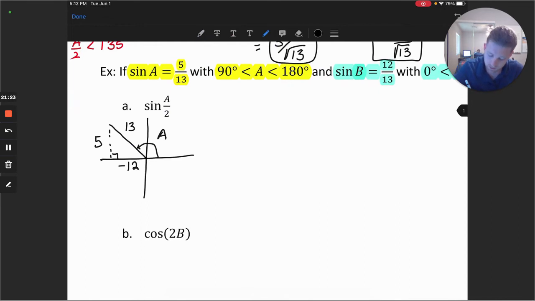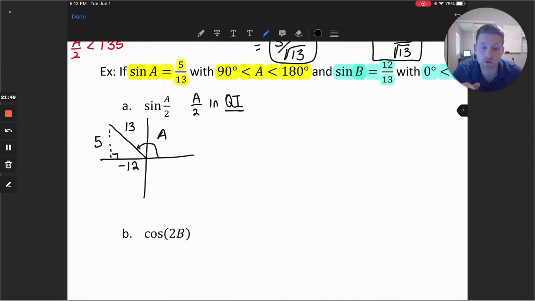And so if I was to do a half angle, if my angle A is in the second quadrant, that means that A over 2 is in Q1. Right? So if we're in quadrant 2 to begin and we take half of that angle, we have to be here in quadrant 1.